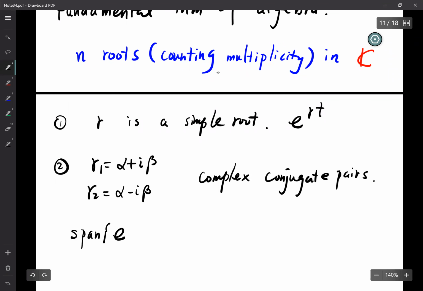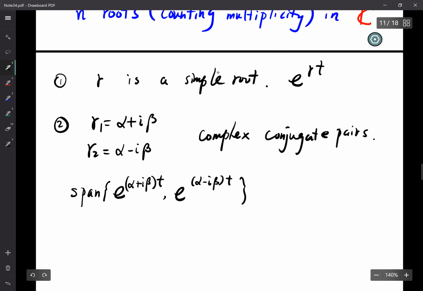Then I consider the span of this and this. This span means that I'm doing linear combinations with constant coefficients. So this is exactly the same as the span of e^(alpha t) cosine beta t and e^(alpha t) sine beta t.